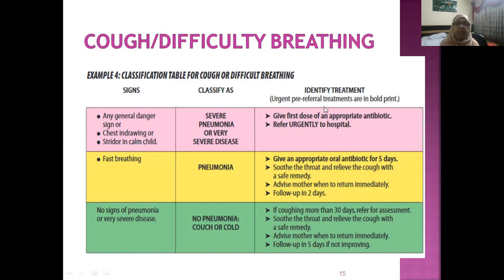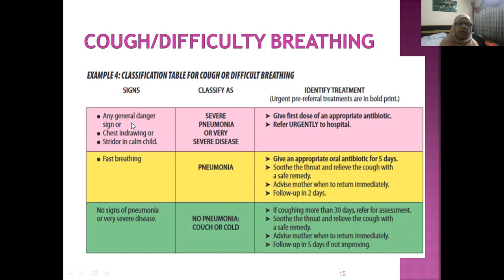As per IMCI, you have to give the first dose of an appropriate antibiotic as a pre-referral treatment, and refer urgently to the hospital. In my next slide, I'm going to detail the referral system and the drugs, and how to refer a child to the hospital from a primary care center to the tertiary care hospital.